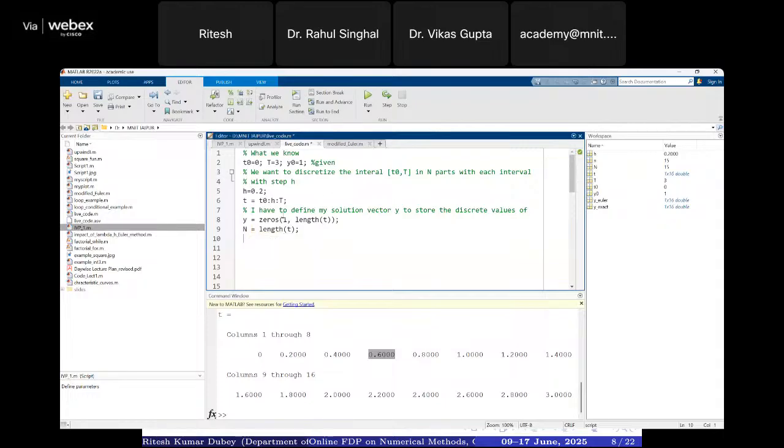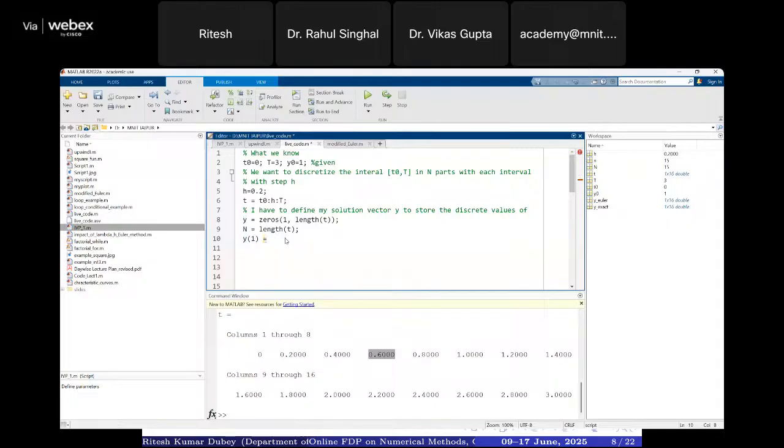So now we have a zero vector named y, and I want to store the values of the solution in it. We know the first entry of this vector is nothing but the solution at t equal to 0, that means y0, so I'll set it equal to y0.